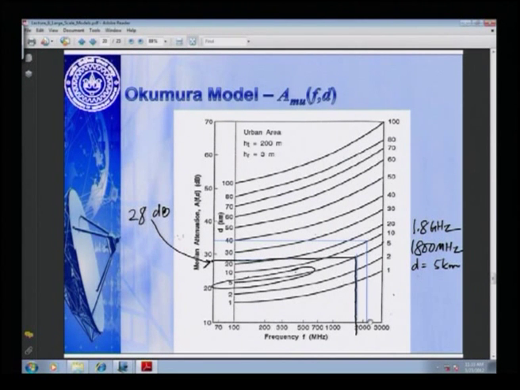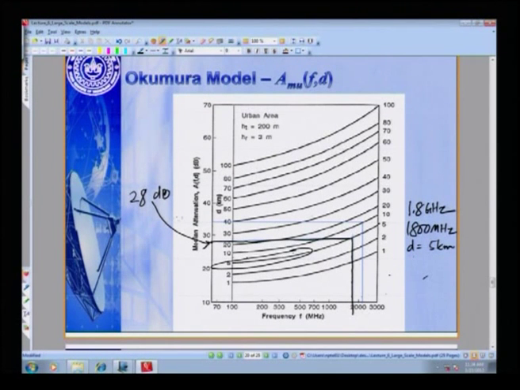At 2.1 gigahertz, and approximating the distance as 8 kilometers, I go to this chart for the mu correction factor and look at the carrier frequency corresponding to 2.1 gigahertz.